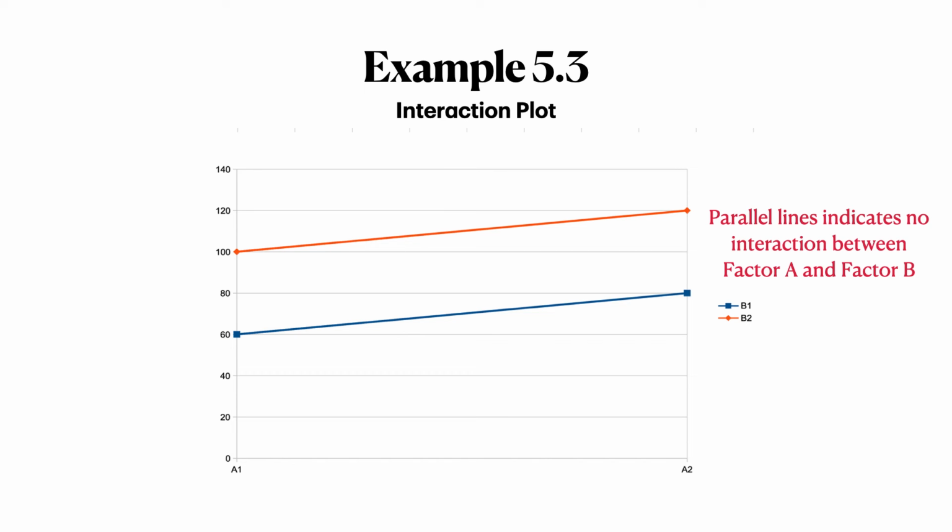And this is easy to see if we look at the interaction plot. Remember that the interaction plot is a graphical way of determining whether an interaction exists between two factors when we plot the values of the treatment means.